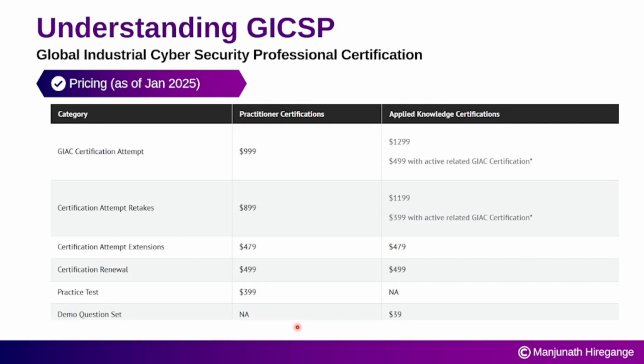Any paid resources like books and practice tests make it a more cost effective option, right? You can purchase a practice test at 399 USD, and the certification renewal fee is 499 USD. I will provide you all the links to navigate through the syllabus, training, exam format, everything in the video description.